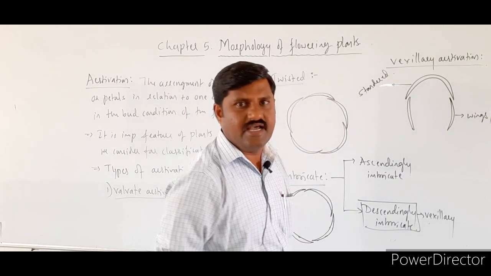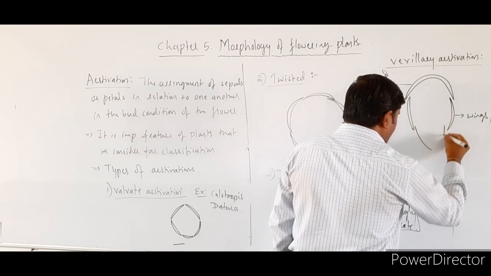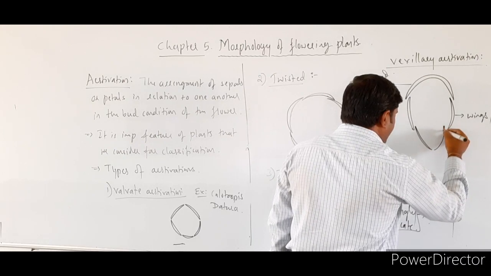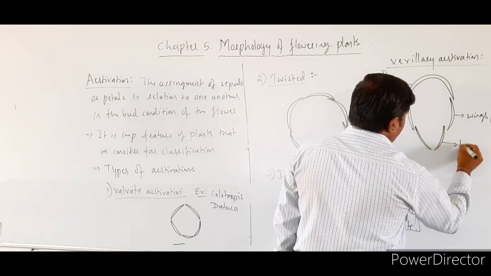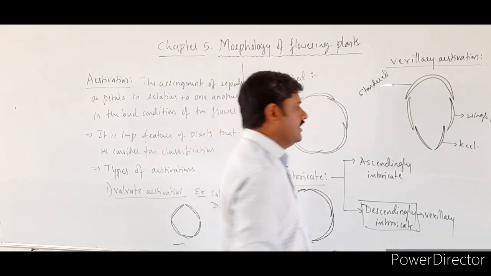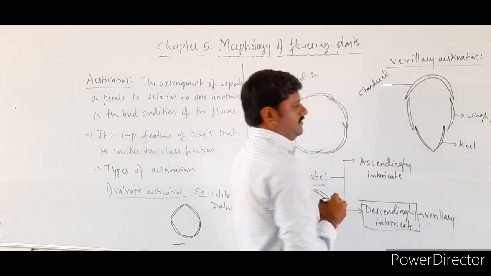The wings cover two smaller petals, and these are called the keel.